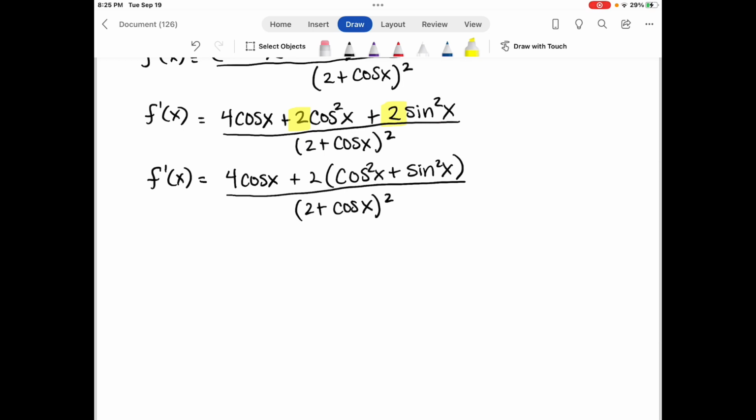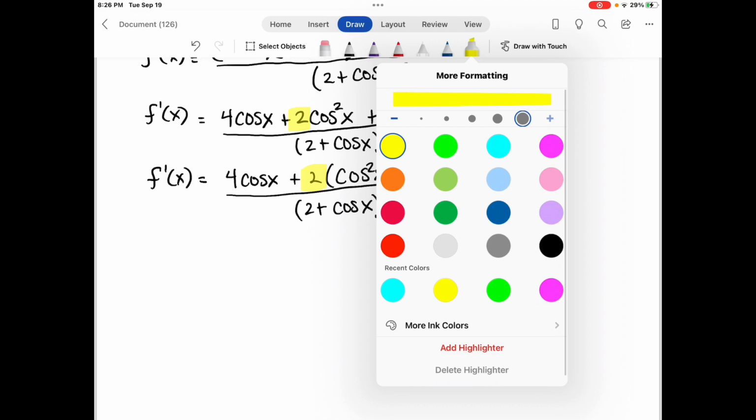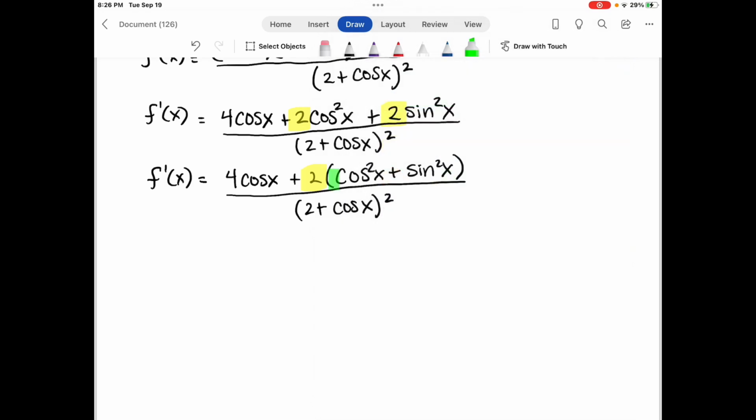Now, the reason why I factored out that 2 is because this right here is our famous identity. Cosine squared x plus sine squared x is equal to 1. So that big mess simplifies to 2 times 1.